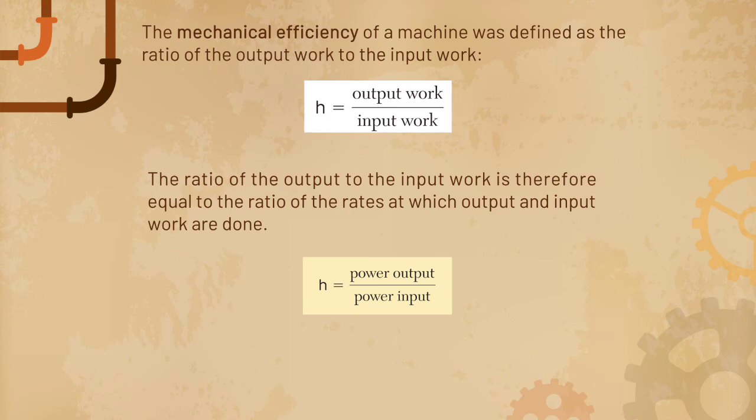Because of energy losses due to friction, the output work is always smaller than the input work, and consequently the power output is always smaller than the power input. The mechanical efficiency of a machine is therefore always less than 1.